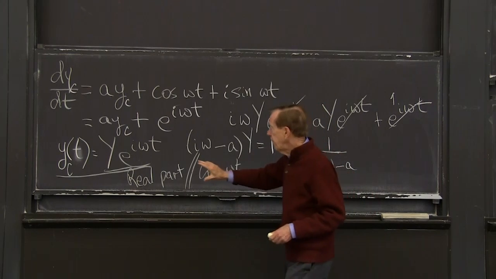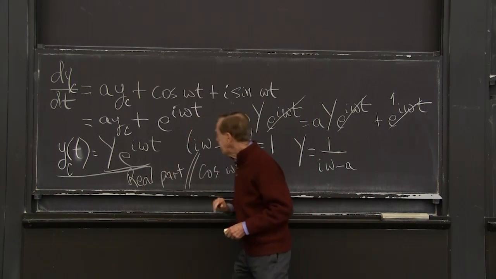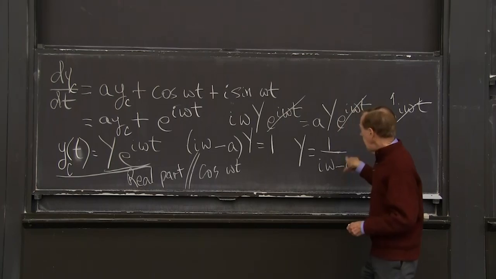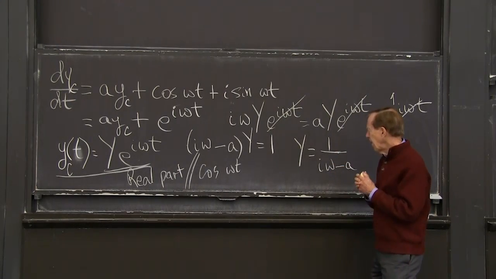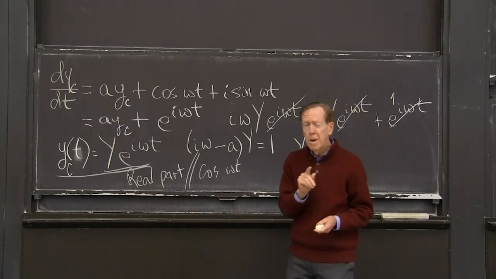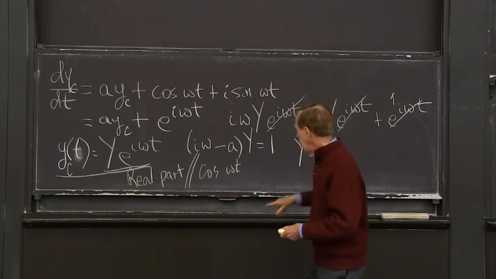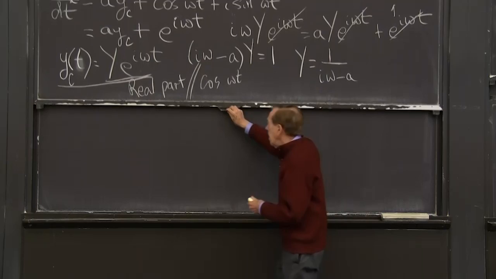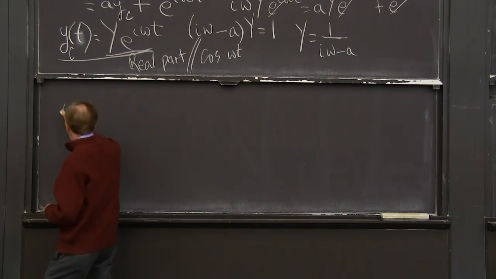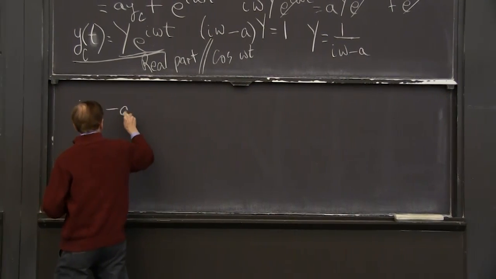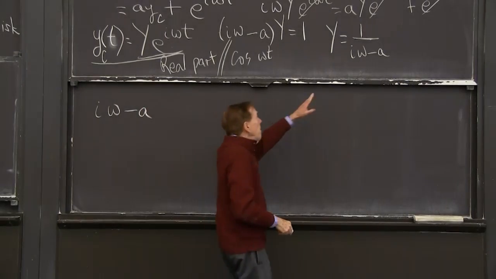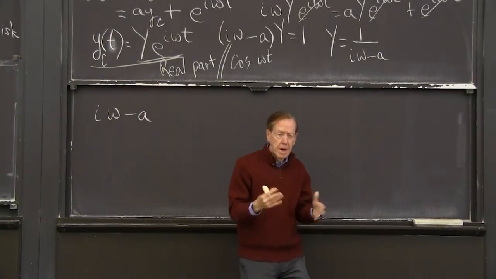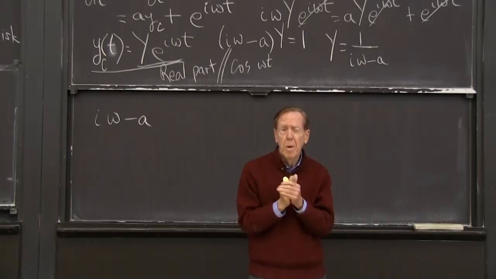And Y itself has this thing in the denominator. So let me look at this number, i omega minus a. That's really the awkward quantity that I have to get into a good form.